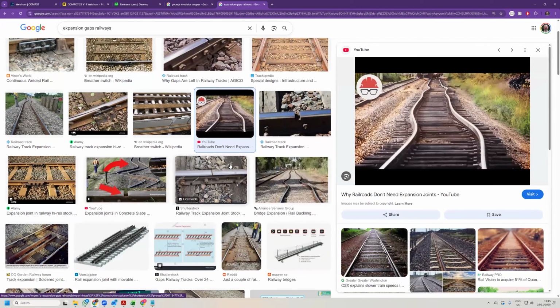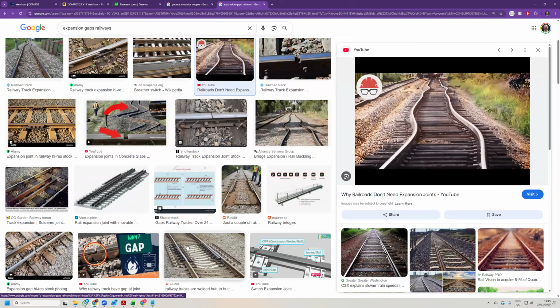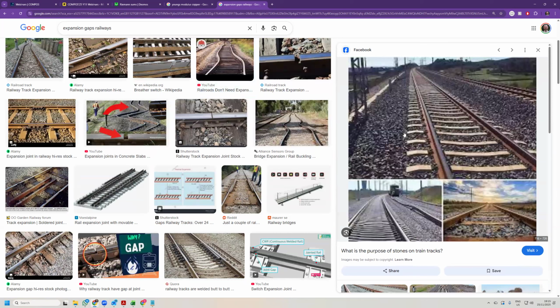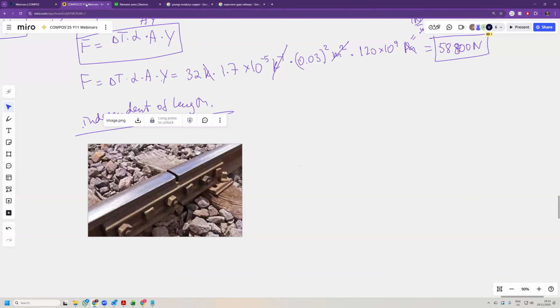No expansion gaps, and the reason for that is that the rails are laid and hammered to the ground, and in the winter they just extend from the force of the tension.